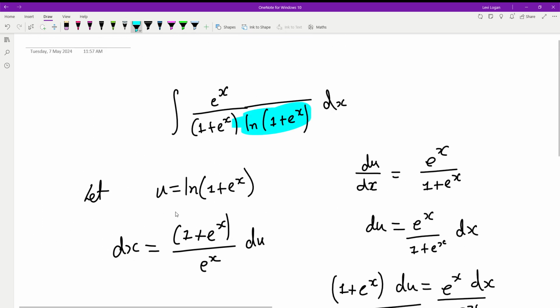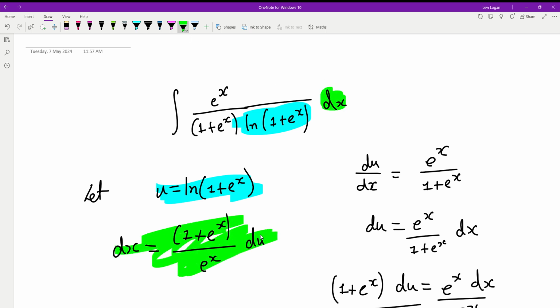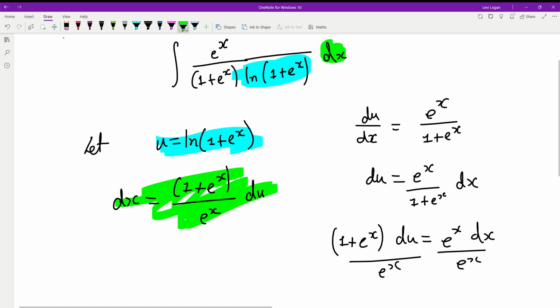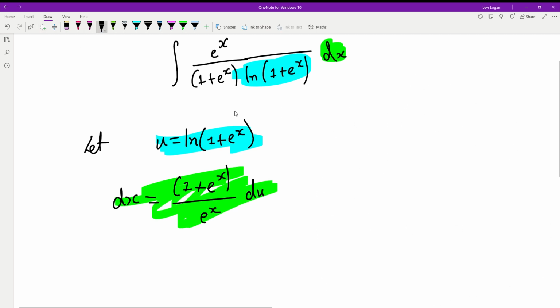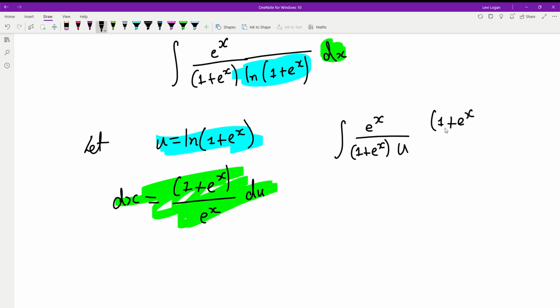If you substitute u for this, like we've done there, and if you sub dx for this term here, something great happens. A lot of stuff actually just cancels out. So what you would get is, alright, the integral e to the x over 1 plus e to the x, this in turn will be u, and then this would be 1 plus e to the x over e to the x du.